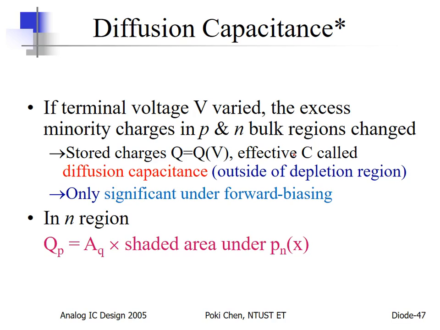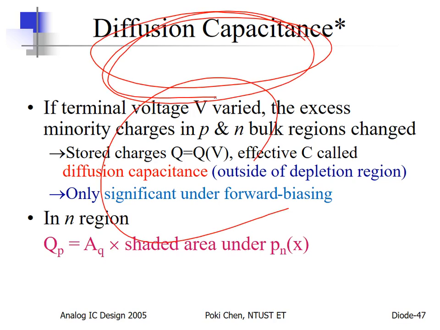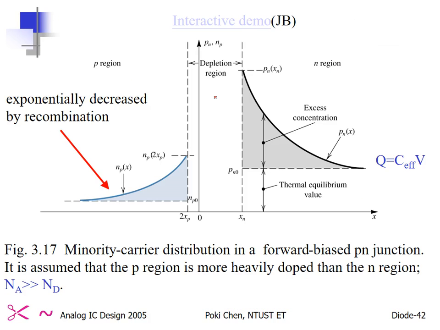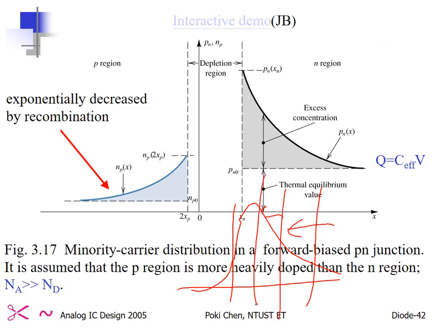Okay, for diffusion capacitance. Okay, one moment. How about the diffusion capacitance? I mean for forward bias. Okay, we can look back at this. For forward bias, I told you, because it looks like this, right? You push here, you push there. You need to push a lot of carriers to the other side. Okay?